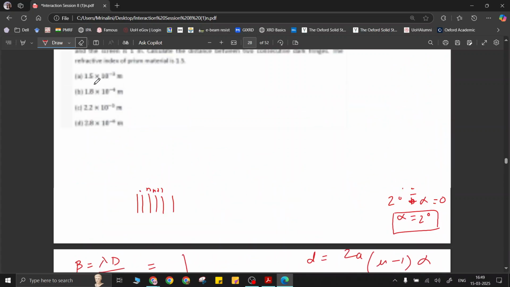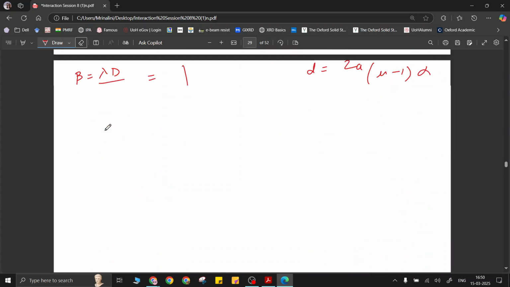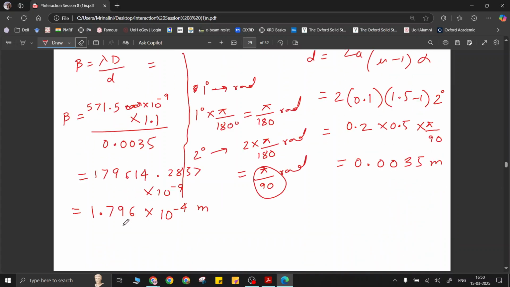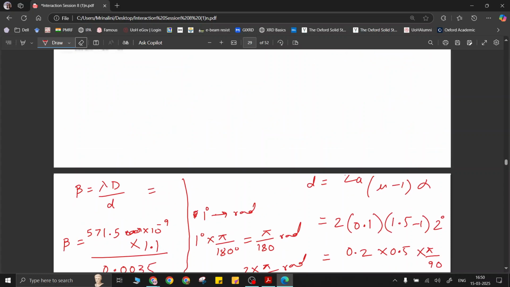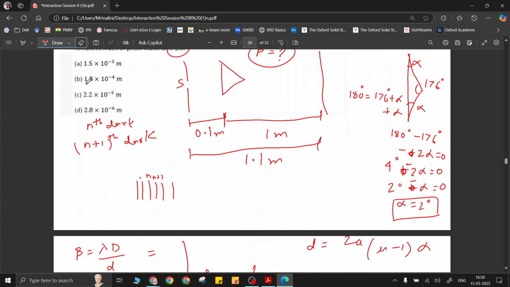Here they have only gone to the first decimal digit, so when we round off 1.796 to the first decimal digit, it will be 1.8 times 10 to the power minus 4 meters. So the correct option that matches our answer is option B, 1.8 times 10 to the power minus 4 meters. Option B is the correct answer here.